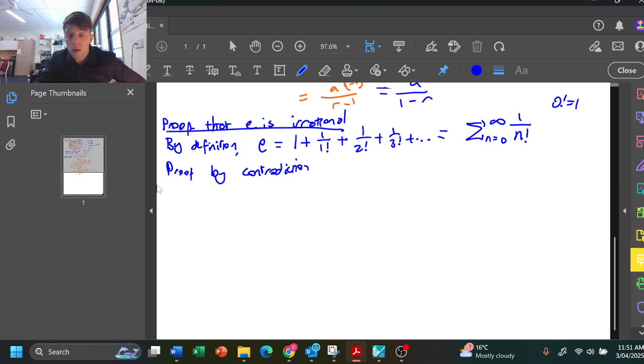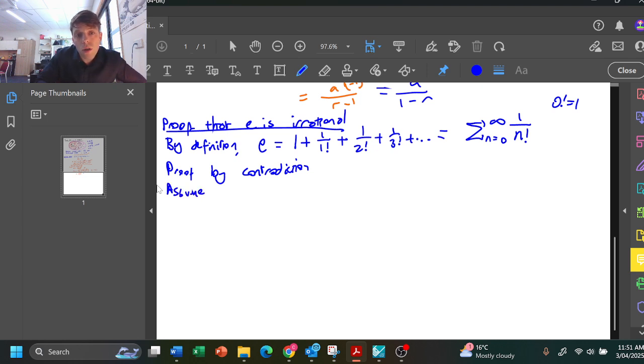Those of you who've done Specialist will understand what I'm talking about here. If not, just try and follow the reasoning. So to prove that e is irrational, I'm going to start by assuming that e is in fact rational, and I'm going to show that it's impossible for e to be rational, so therefore e must be irrational, right? So that's how we're going to do it.